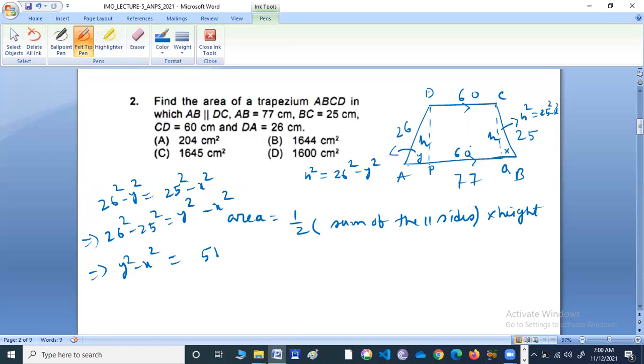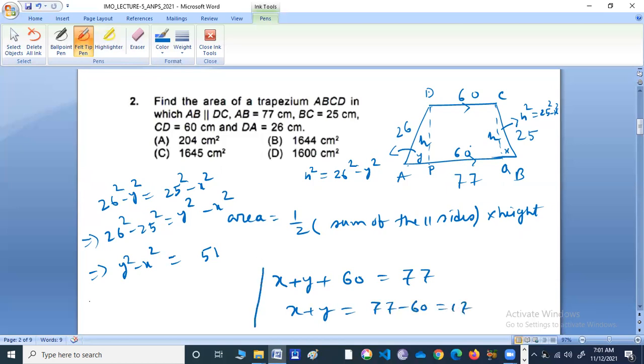Now this is 60, I've already discussed. Also we know x plus y plus 60 is equal to 77. Right? See here 60, sorry, y, 60 and x. So x plus y becomes 77 minus 60, so 17.